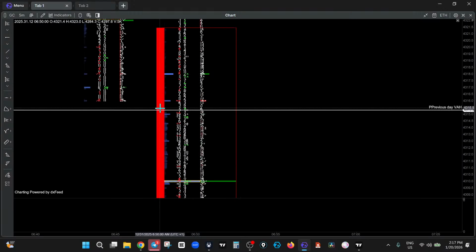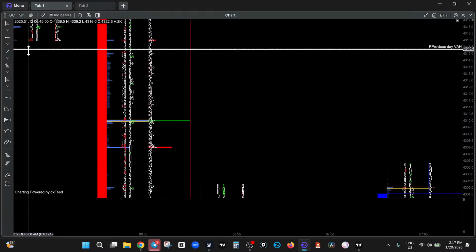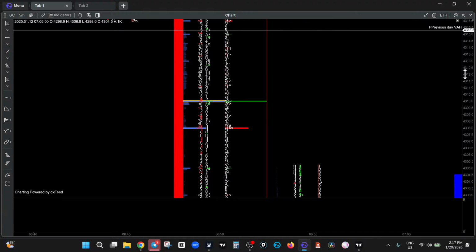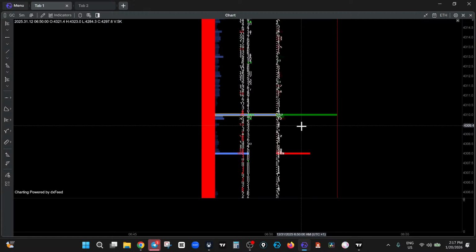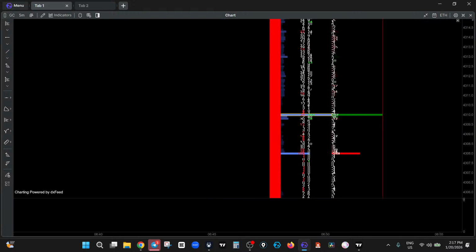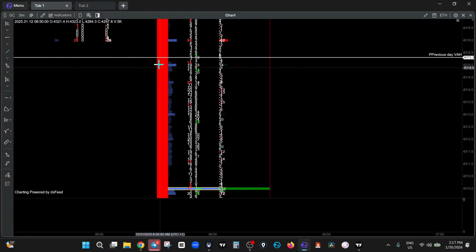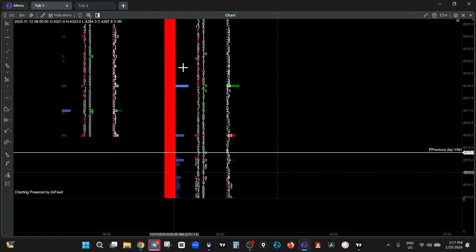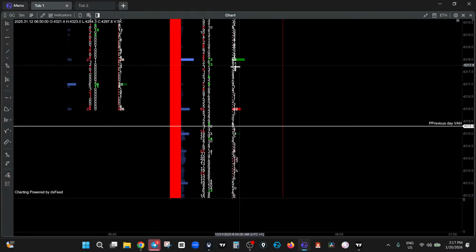The moment price comes in here, you can see the bear shadow on the 5 minutes chart. Just looking at the visual representation, you can see that there are not many orders coming in. The volumes, we have huge volume here.